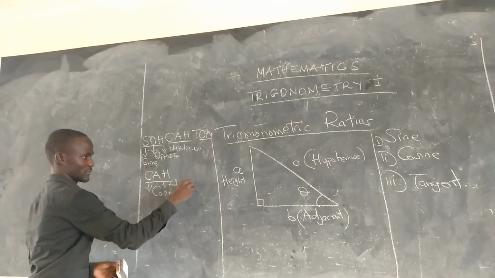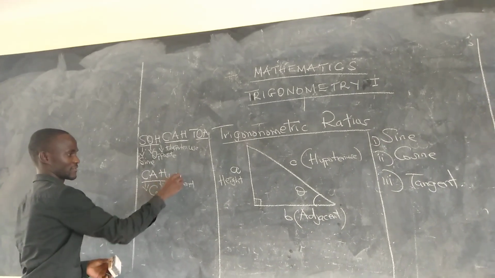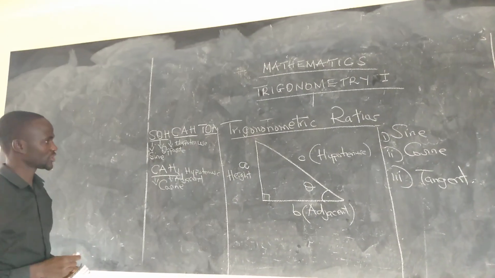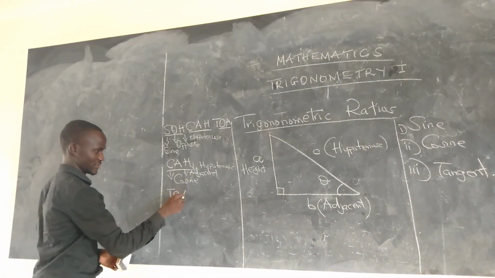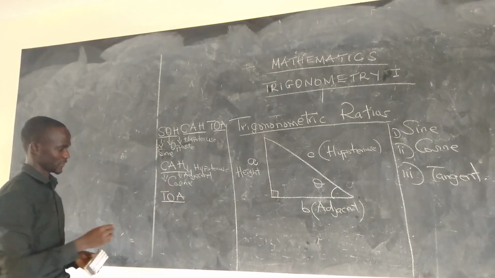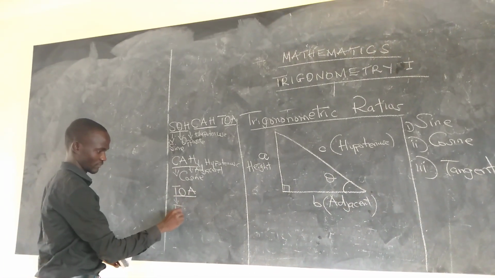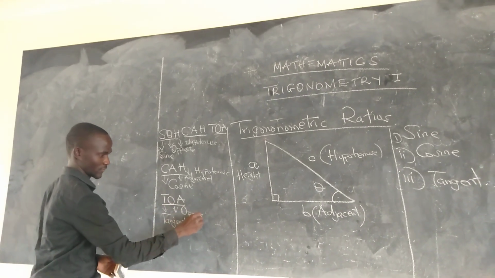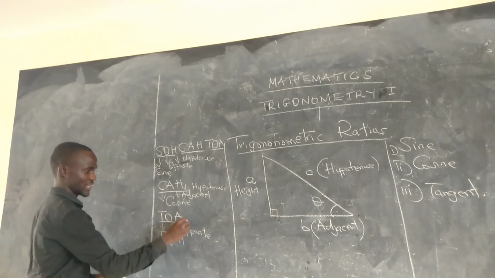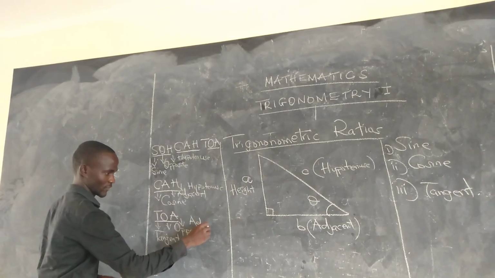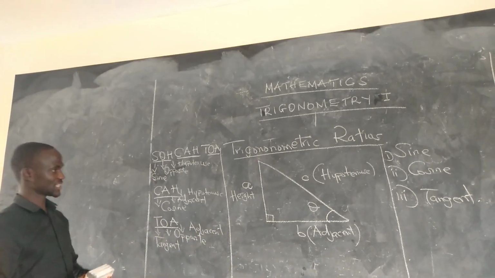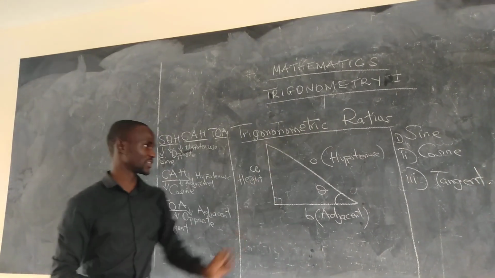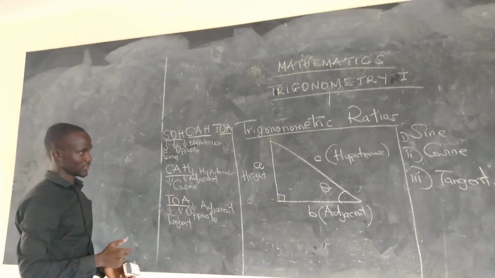We have adjacent, and then we have hypotenuse. Then for the TOA we have tangent, we have opposite, and then we have adjacent. So basically we will use this mnemonic to always remember these trigonometric ratios.